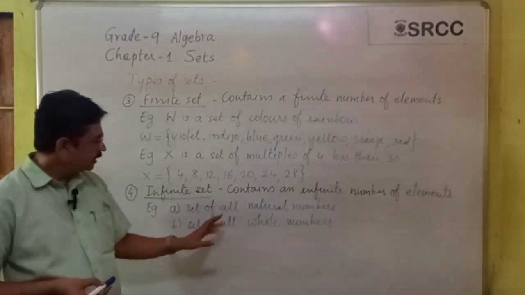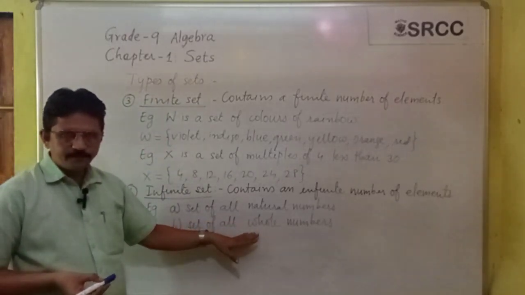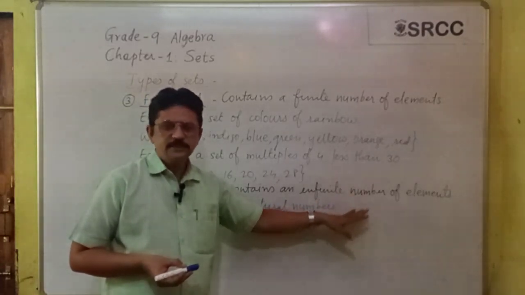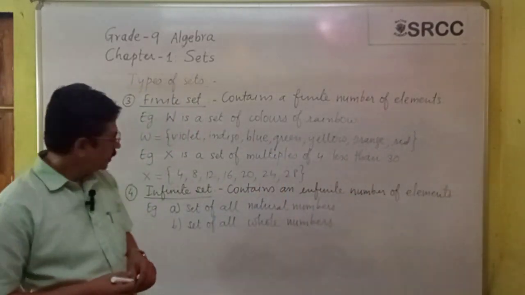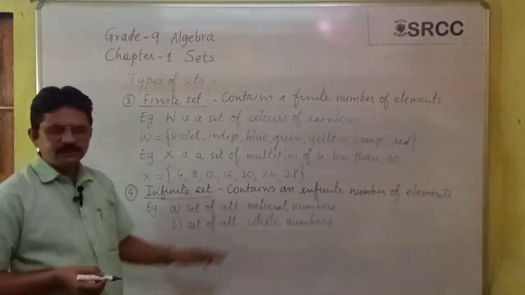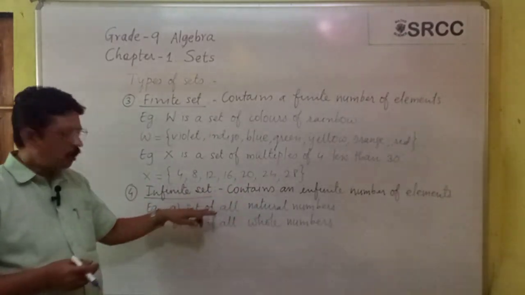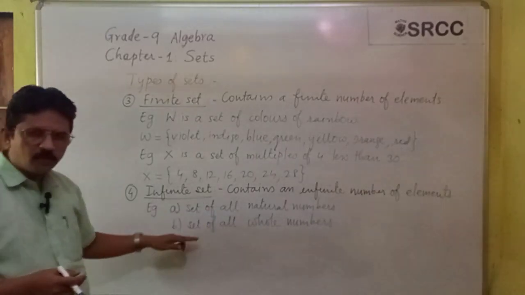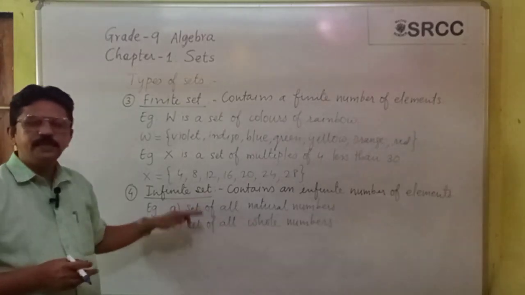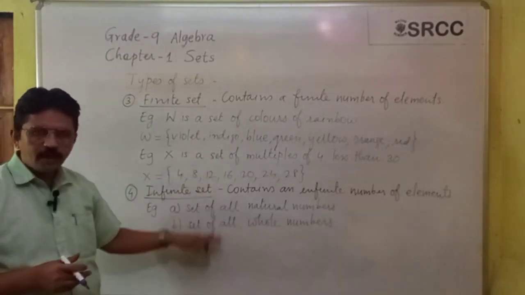Similarly, 0 is the smallest whole number, but we cannot tell anything about the largest or the biggest whole number. So, set of all natural numbers, set of all whole numbers. Similarly, the set of all integers, set of rational numbers, set of all irrational numbers, and set of real numbers. They are all infinite sets.